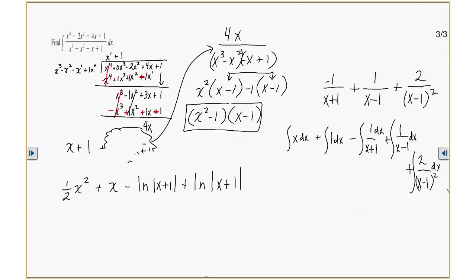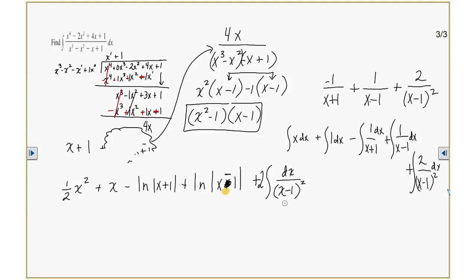We don't have to worry about it. Oh, it's minus 1. I'm going to put this separate. Plus the antiderivative of 2 dx over x minus 1 quantity squared.